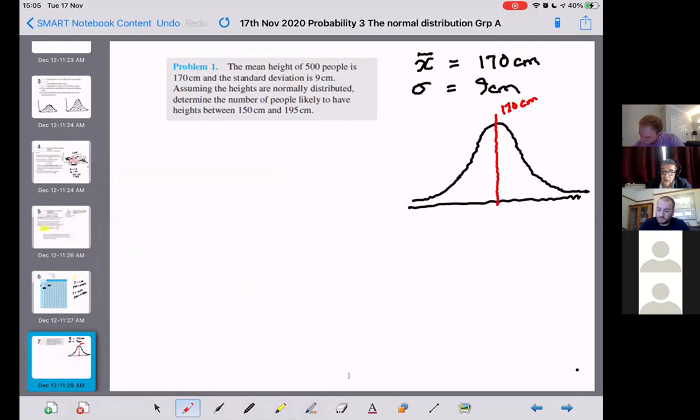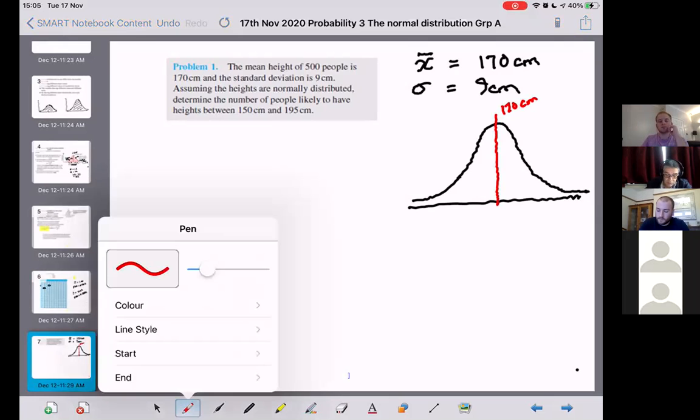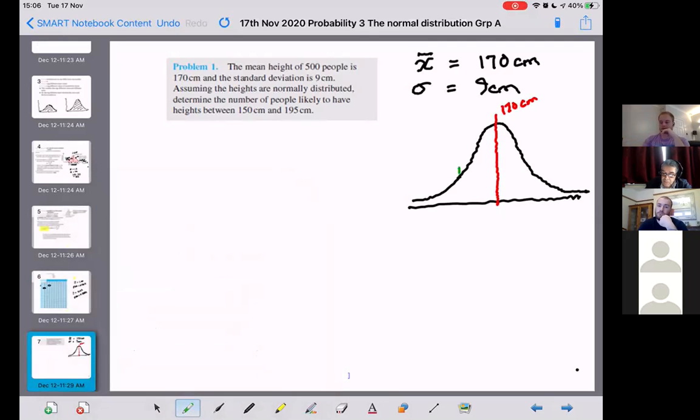And then the question is saying we want to find how many people, the number of people this predicts lies between 150 centimeters and 195.